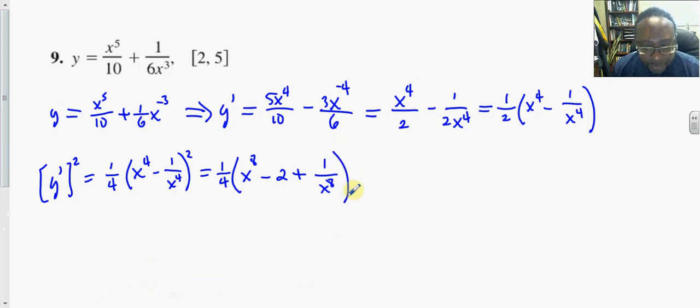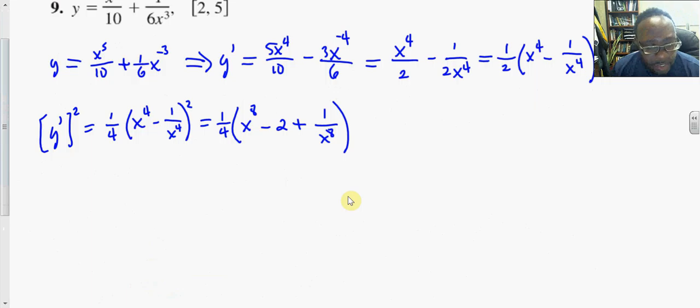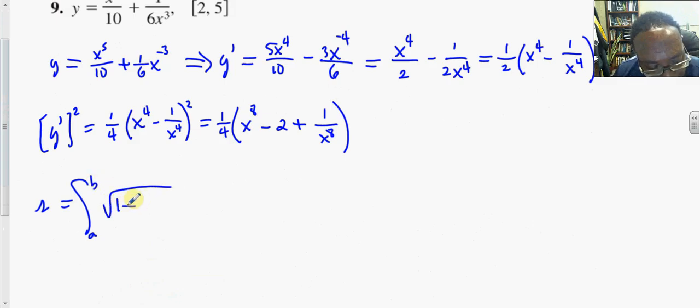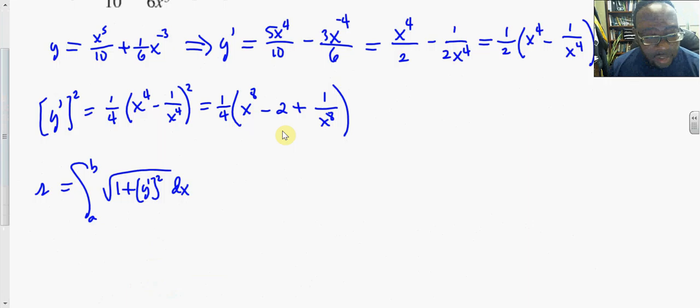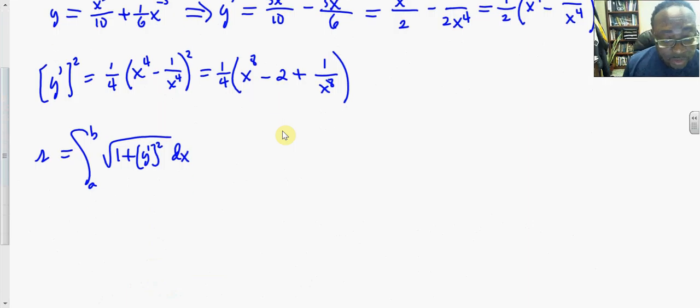Okay, and so now let's go ahead and add the 1, because you know the arc length formula has the square root of 1 plus y prime to be squared dx. So we got y prime to be squared. Let's just add a 1 to this expression so we'll know what goes under the radical. And so hopefully something will simplify.